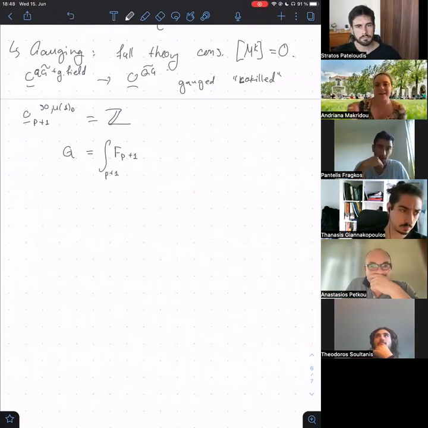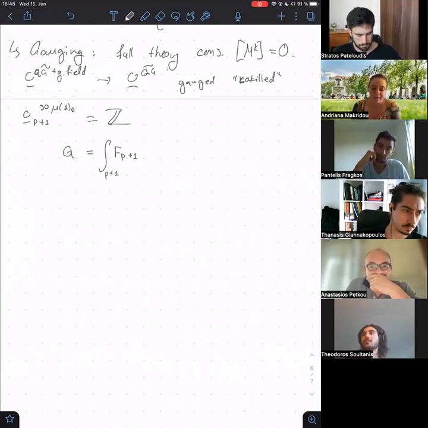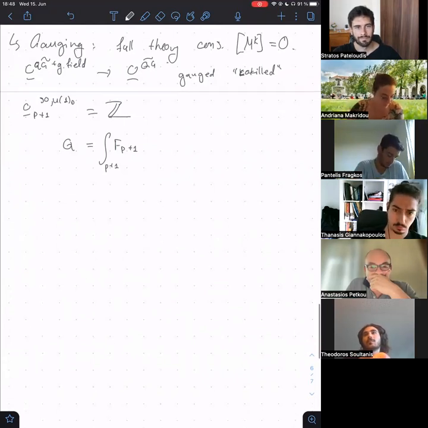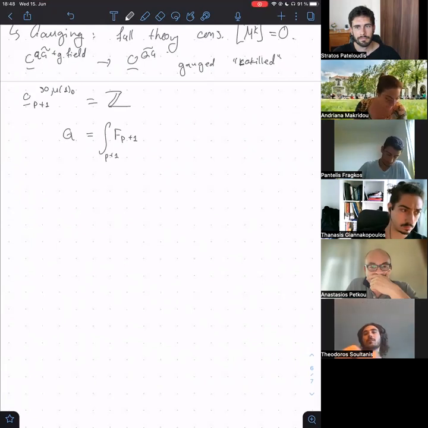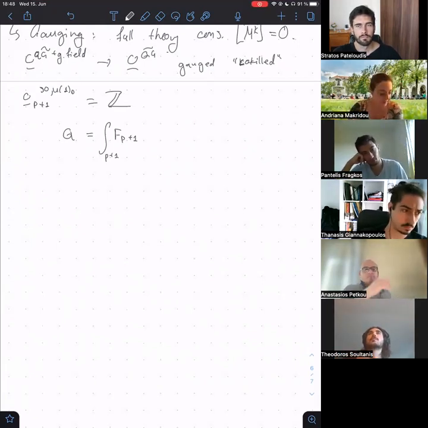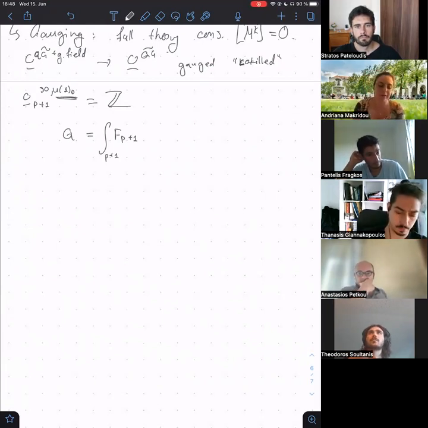And then you can play the game of identifying what the dimension of your defect should be. And then you see that you need to have some object that turns out to be the D-brane. Just very hand wavy again. So just by demanding that the Cobordism group is vanishing, and the fact that you have these Ramond gauge fields, and you also put it as an input in the Cobordism class, you get that the D-brane should exist.